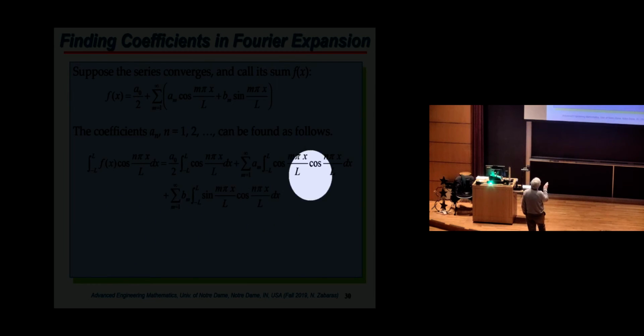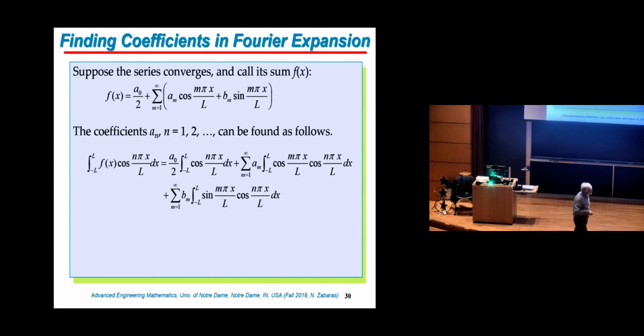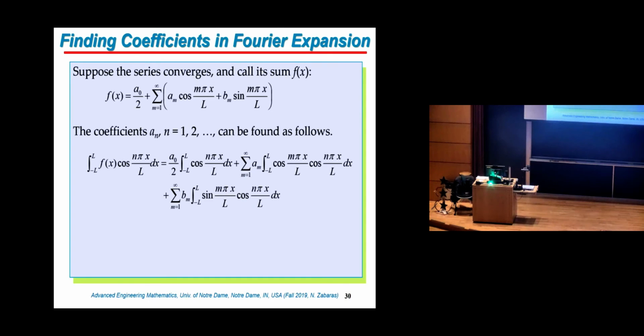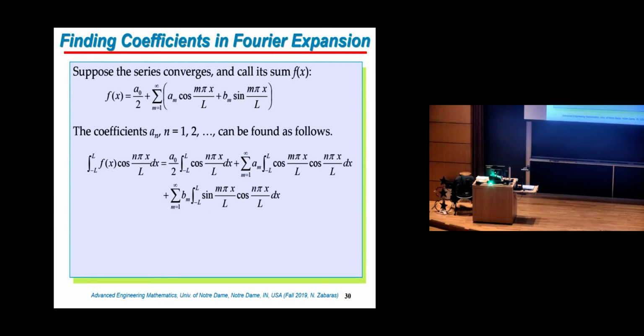And tell me, from all of these terms, which are going to cancel out? Let's start with the easy term here. If you multiply cosine and sine and integrate, what happens? 0. If you multiply cosine with cosine, what happens? Everything drops except the term m equal to n. So the whole summation there becomes an. And how about this term?